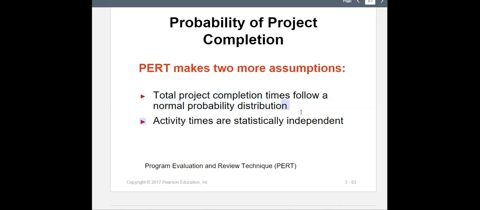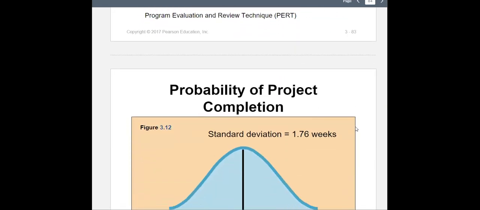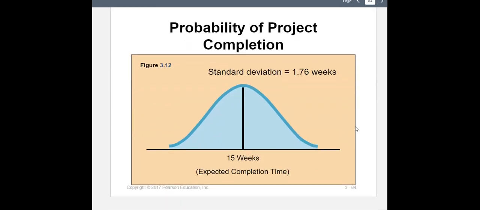Activity times are statistically independent. In reality, sometimes they're not independent. Here we assume that they are independent. If they're not independent, the calculations would be different. The formulas we use would be different. So that's why we need to consider this assumption.